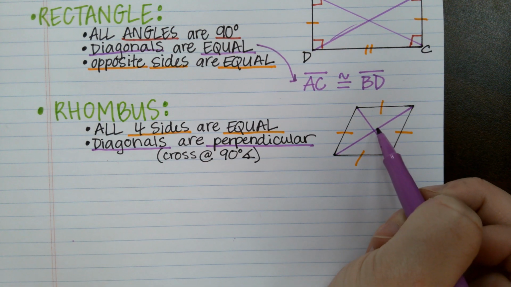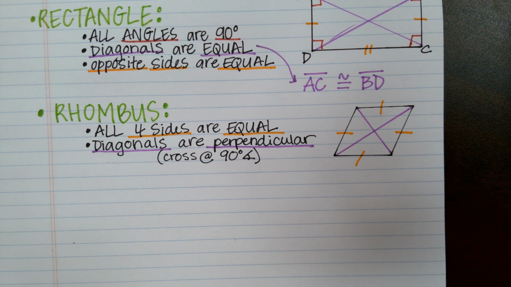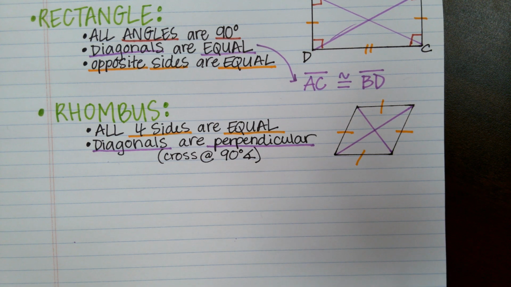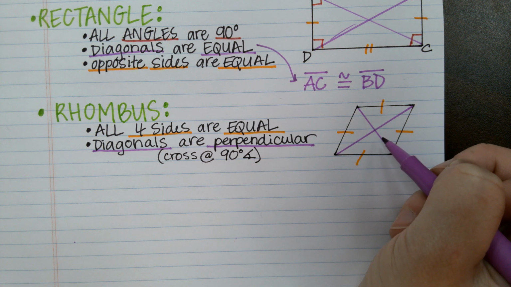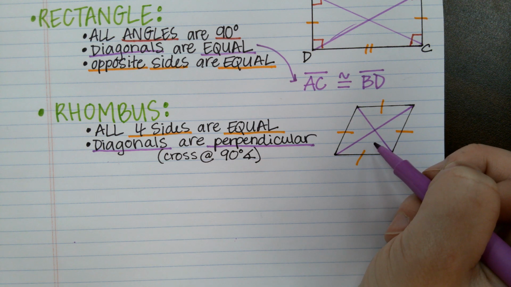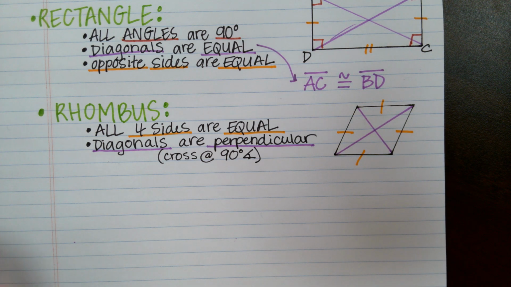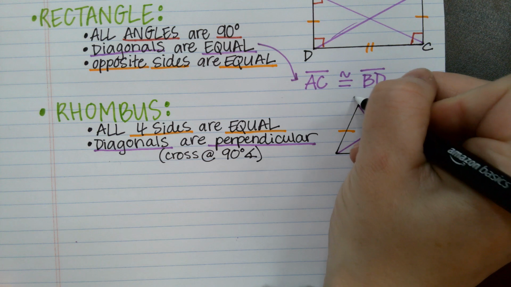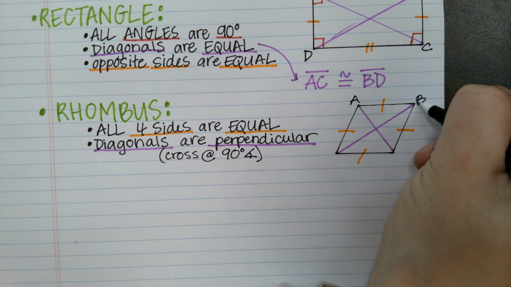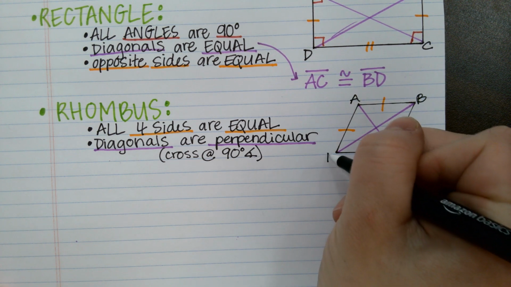And how do I show that these are perpendicular? You can go underneath and you will first have to label your sides. Like A, B, C. Yeah, let's do that. A, B, C, and D.